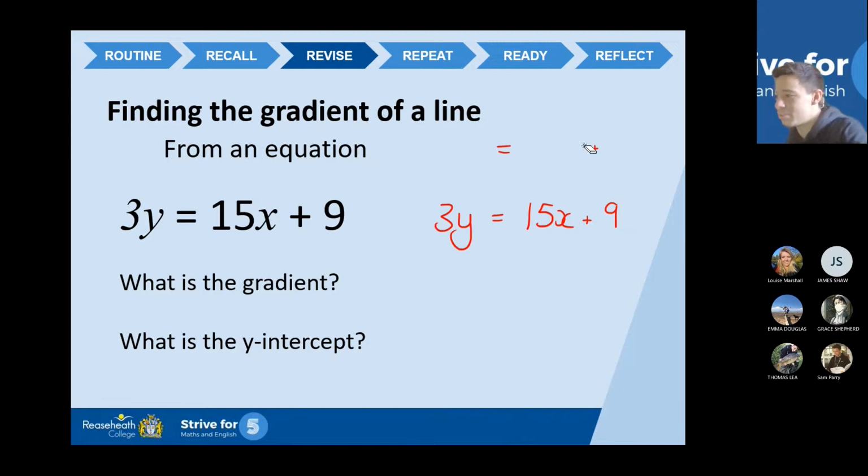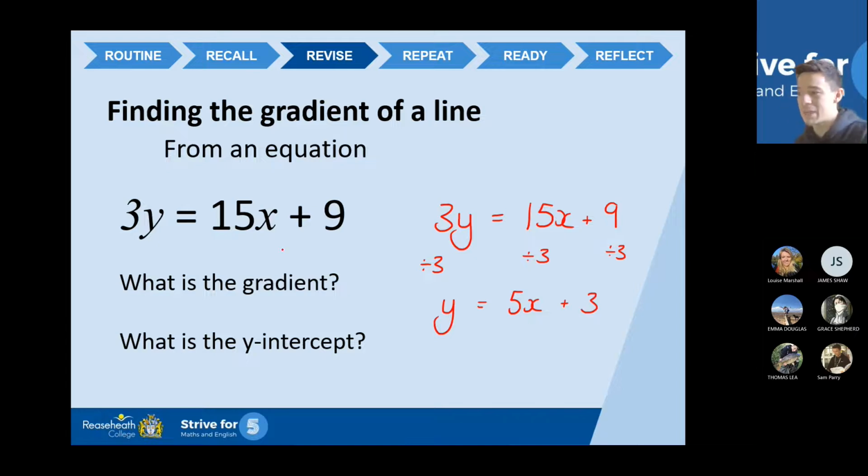I'm going to tell you actually, because it might be a bit nasty to chuck you in at this point. You divide it by 3, because if you divide it by 3, that's going to leave y by itself, and that's what we want, isn't it? We want it to be y equals. But if you divide this side by 3, you have to divide these by 3 as well. So 15x divided by 3 is going to give me 5x, and then 9 divided by 3 is going to give me 3.